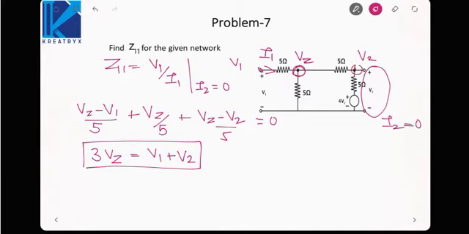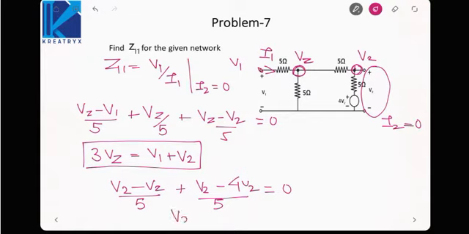Now apply KCL at this node. So what we will say? V2 minus Vz by 5 plus V2 minus 4V2 by 5. This must be 0. Now if I multiply the entire equation again by 5, what I will get?